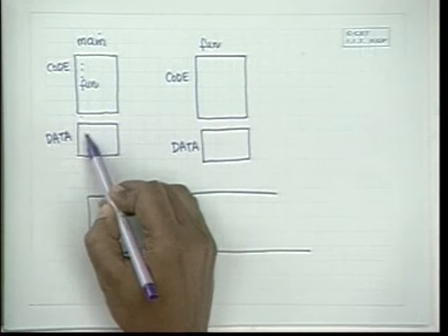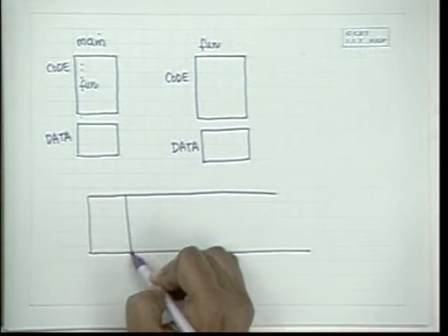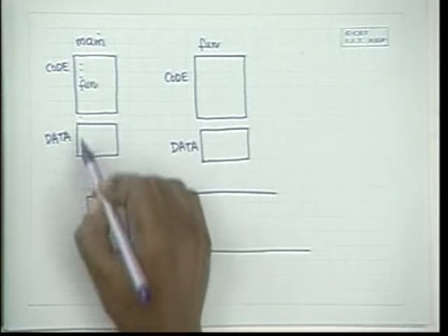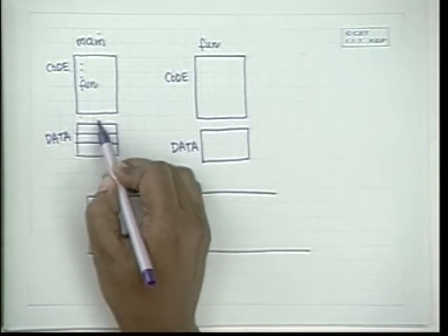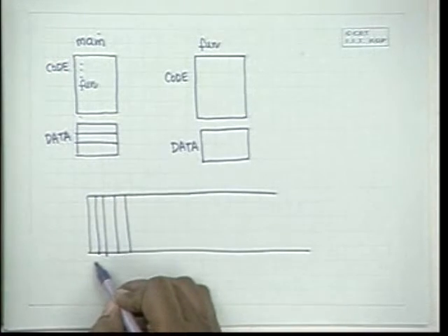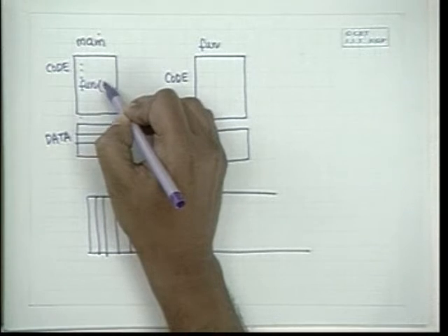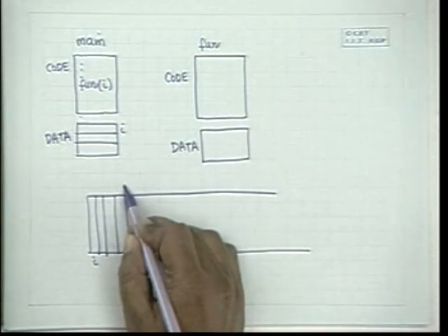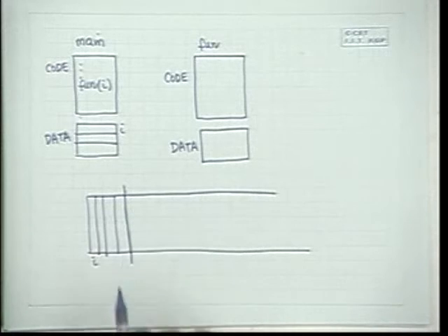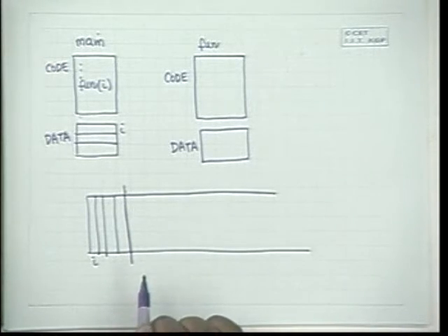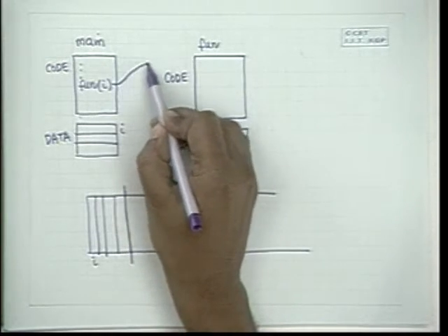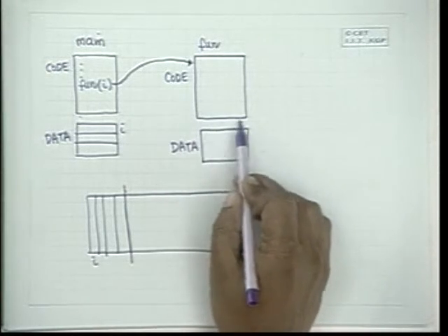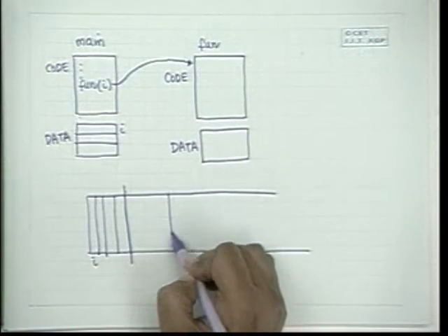So the data segment of the main program, the variables of the main program which are part of the data segment, for example, say this is fun i and this is a local variable, so this gets loaded into a portion of the memory. Now whenever there is a call to this, a data segment corresponding to this gets stacked up.